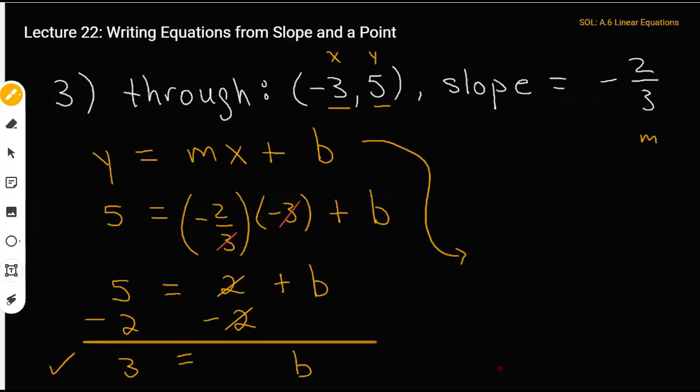So now I'm going to write out my equation in y = mx + b form. My slope is -2/3. There's going to be an x beside that, and then a +3 at the end. And that's my answer.